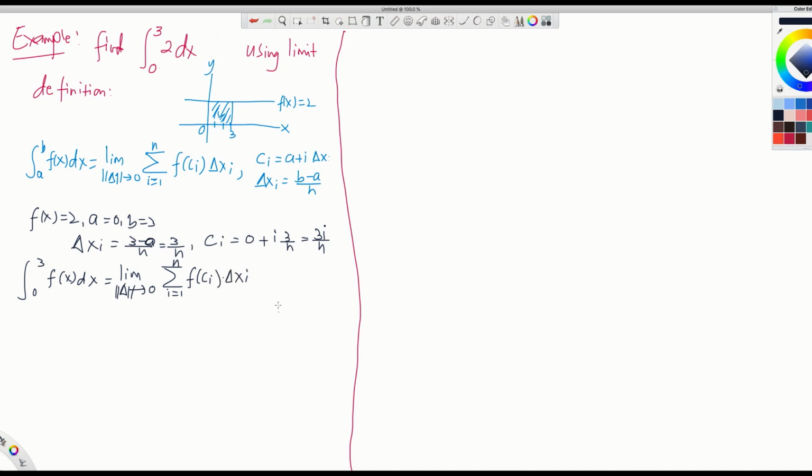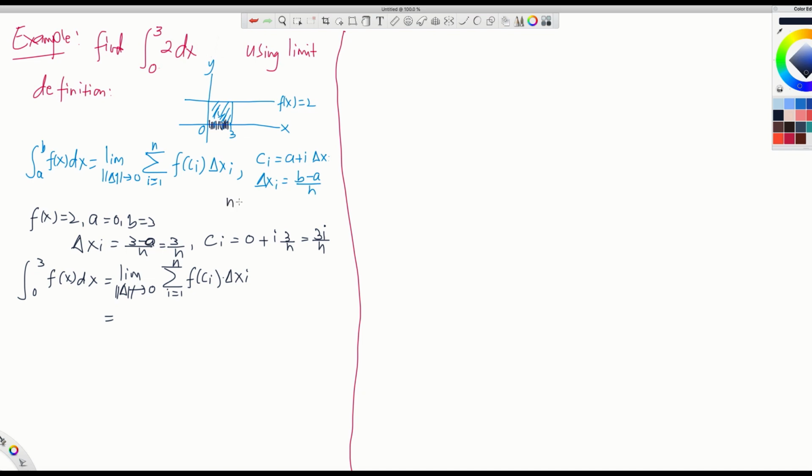This is the formula, right? So how do I write that? When the norm of delta tends to 0, what does that mean? The width of the biggest subinterval tends to 0, so you will need so many subintervals.